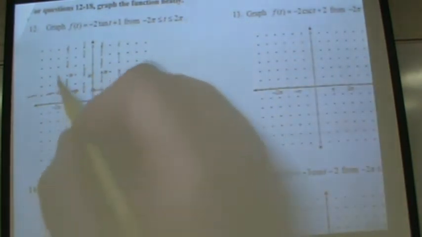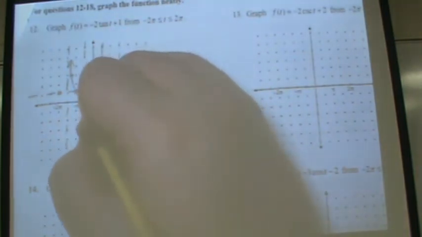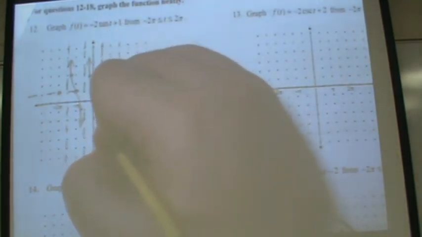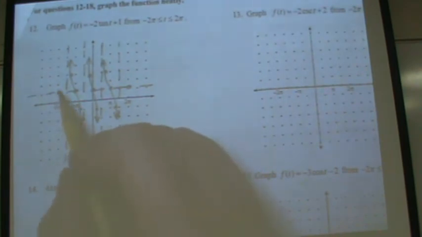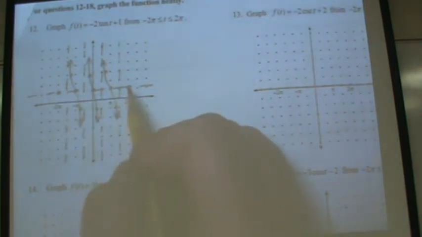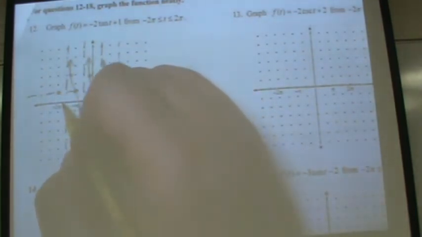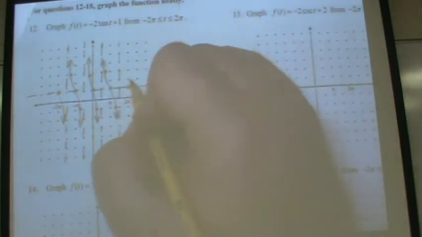Okay, and so you should get a graph that looks like this. Again, make sure that you're graphing -2 pi to 2 pi. So for your endpoints at the -2 pi and the 2 pi, on the left-hand side, you're going to have the part that comes down and follows the asymptote.